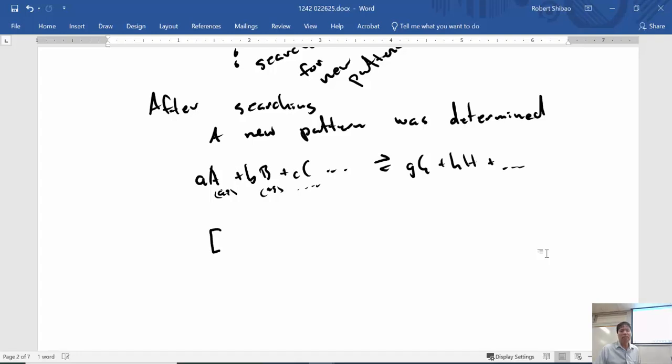If we take the G, the square brackets, what do the square brackets mean? Yeah, concentration. Molar concentration.